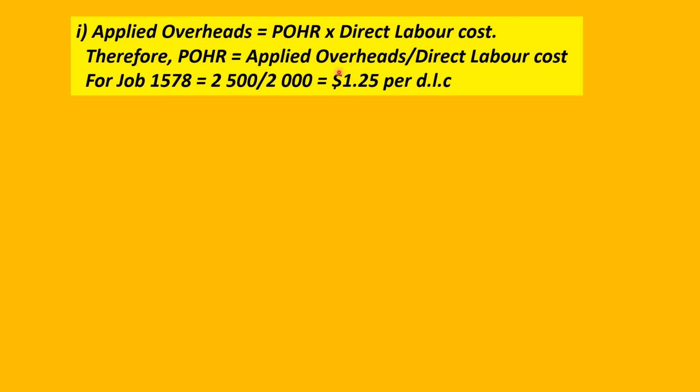You take the applied overheads and divide it by the direct labor cost. So for job 1578, it will be 2,500 over 2,125, which is $1.25 per direct labor dollar. So for every dollar of your direct labor cost, $1.25 is overhead.